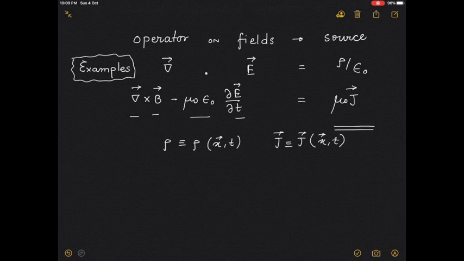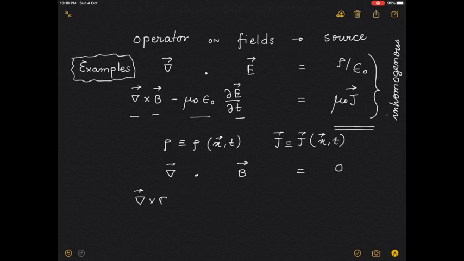Well, these two cases where the right hand side, the source, is non-zero, they are called inhomogeneous equations. On the other hand, I have other two examples where you write divergence of B equals 0 and curl of E plus del B del t equals 0.